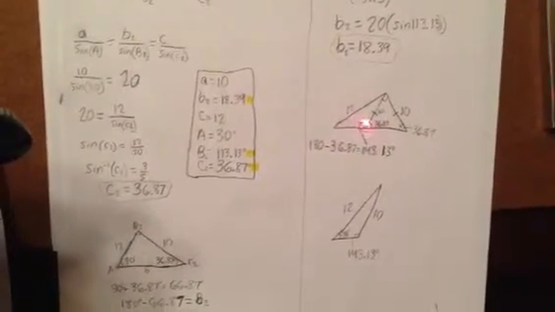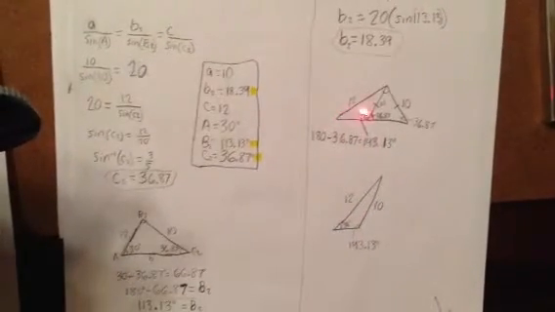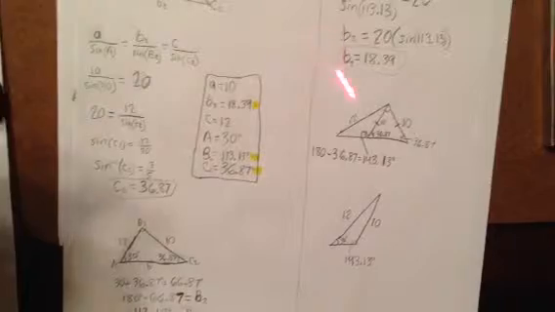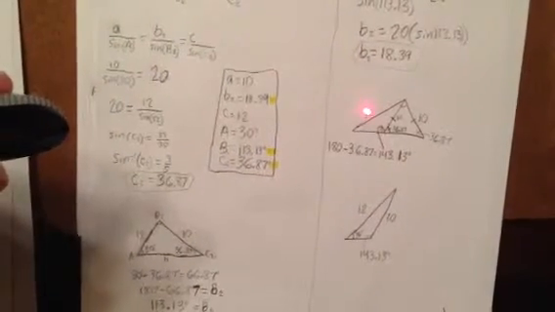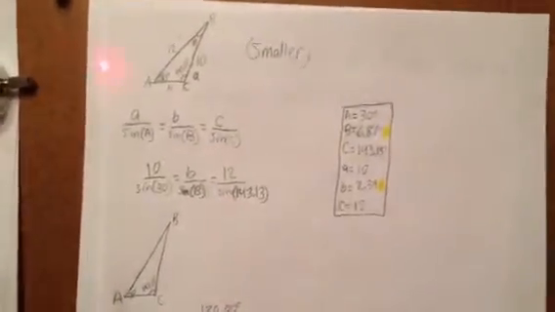Since that carries over, we're able to find the supplement of that and plug it into our knowns. We know that this is 30 degrees from up there, and we know that this is 12 and that is 10 right there. That carries us into finding the smaller of the two triangles.